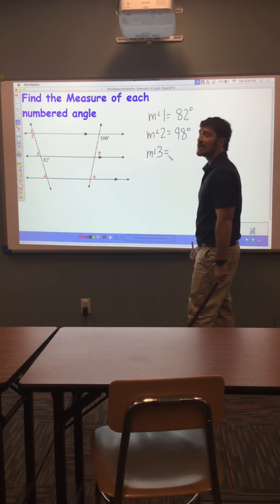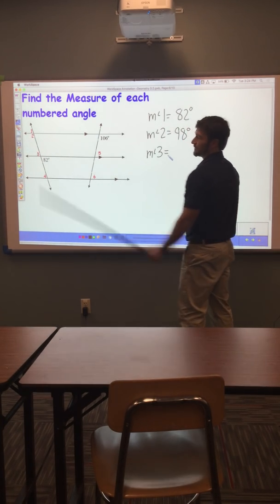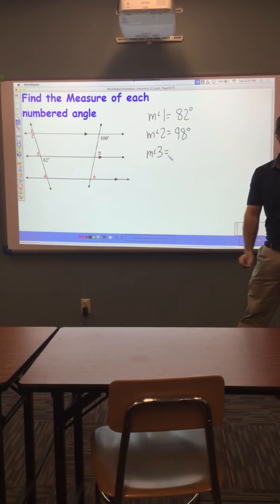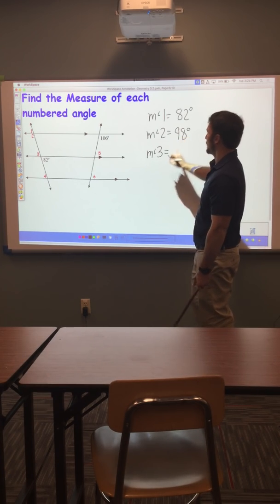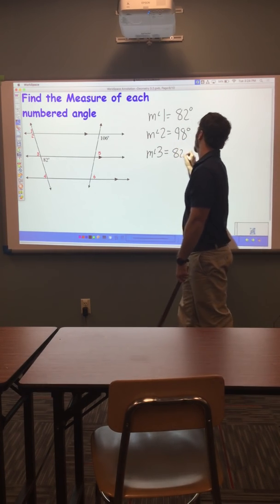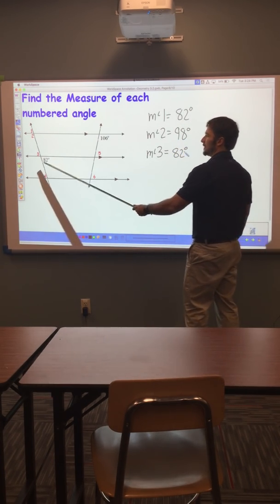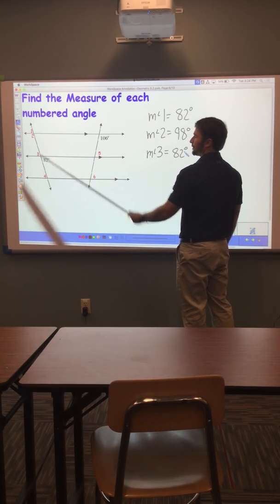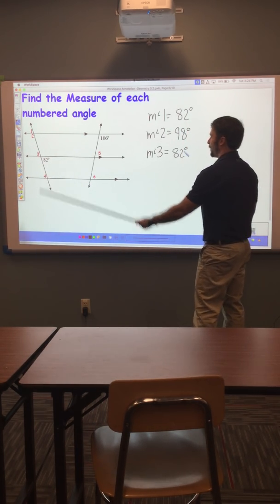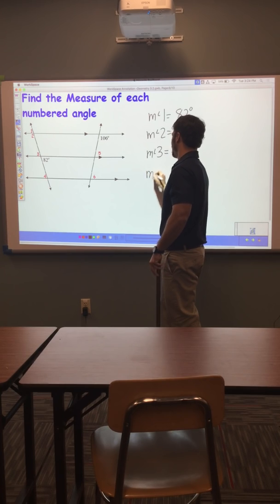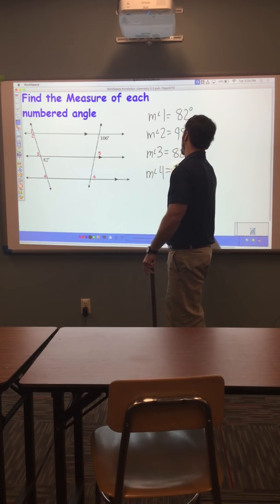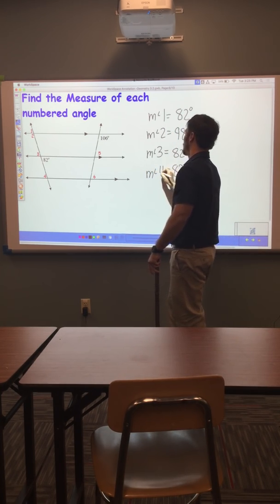Measure of angle 3, well 2 and 3 are same side interior, which means they're supplementary. So if 2 is 98, 3 is 82 degrees, which you can also tell because these are vertical angles. And then finally angle 4 on that side is 82 degrees as well.